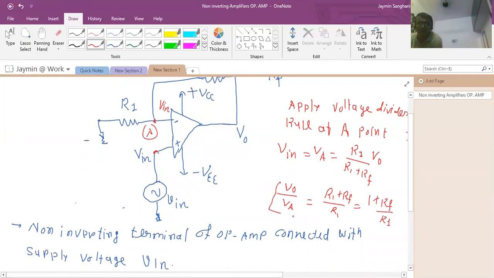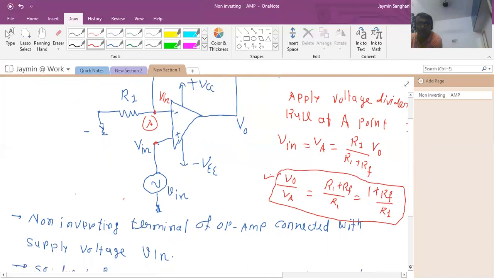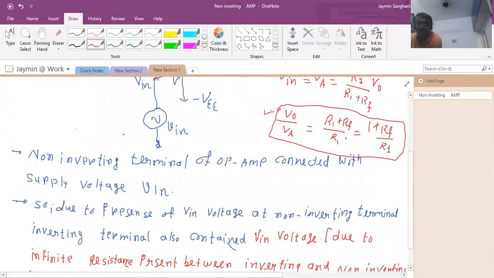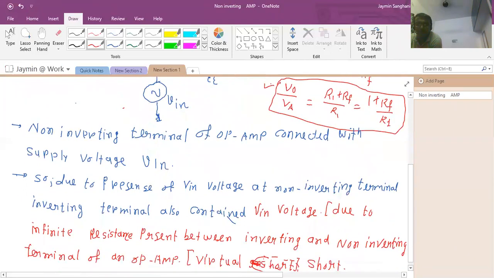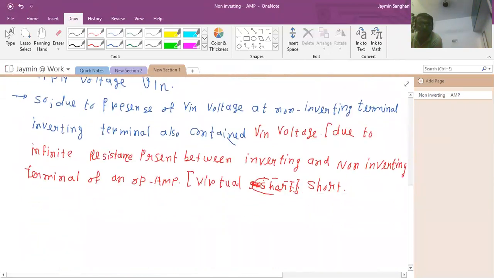1 plus RF by R1. So this is the equation, V0 by V in equal to 1 plus RF by R1. See, this is the final equation of voltage gain. V0 divided by VA equal to 1 plus RF divided by R1.